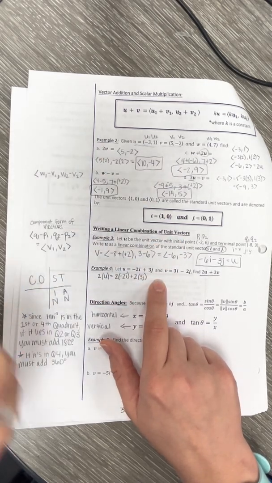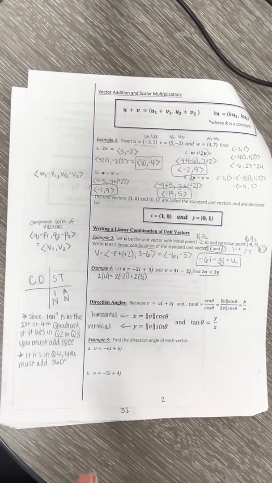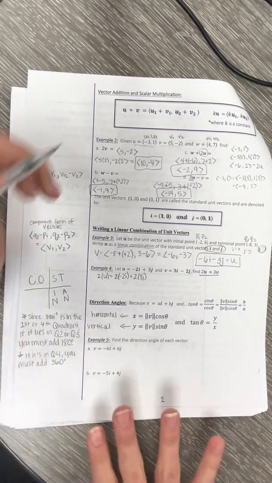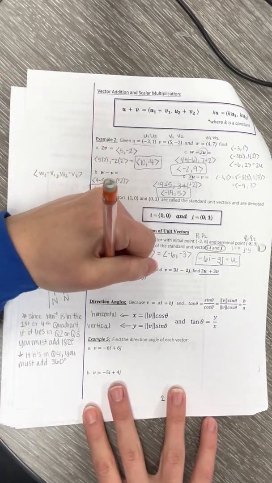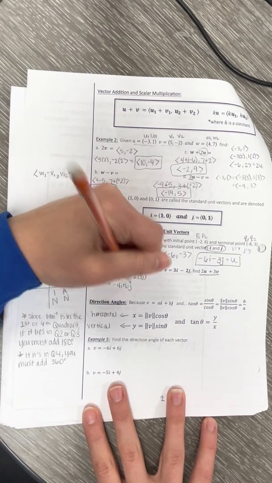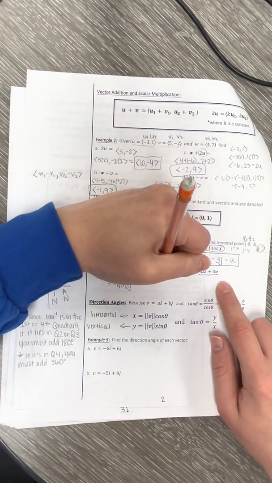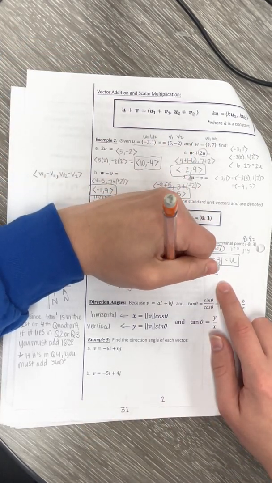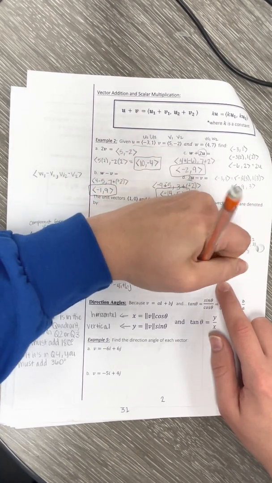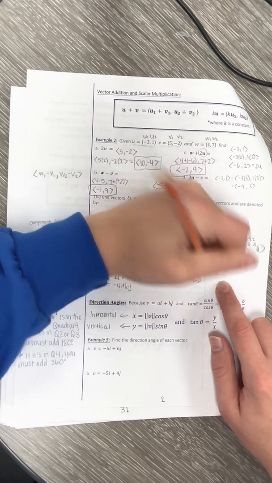Just as we did previously at the top, you multiply both pieces by 2, which gives us -4i plus 6j. Then we have 3v, which is 3 times 3i minus 3 times 2j.